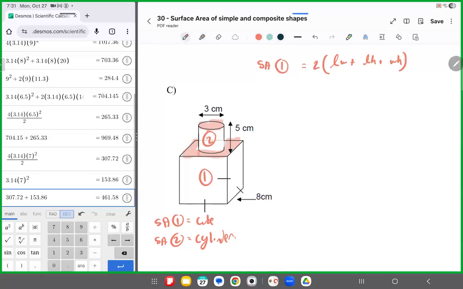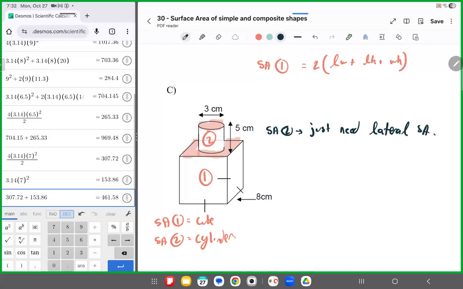In fact, all we need is the lateral surface area.